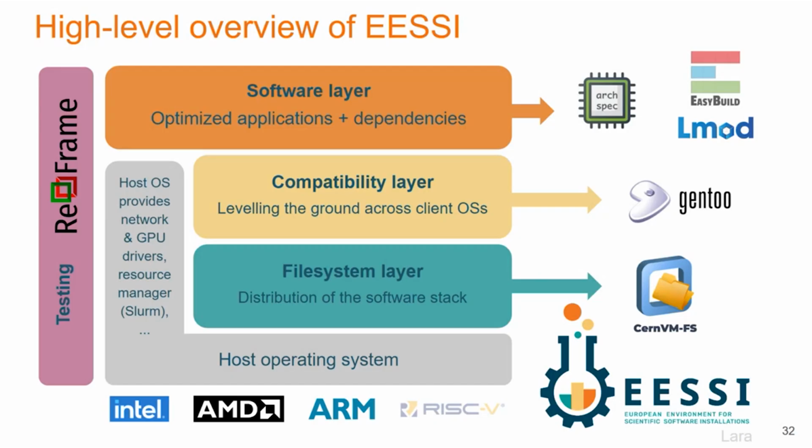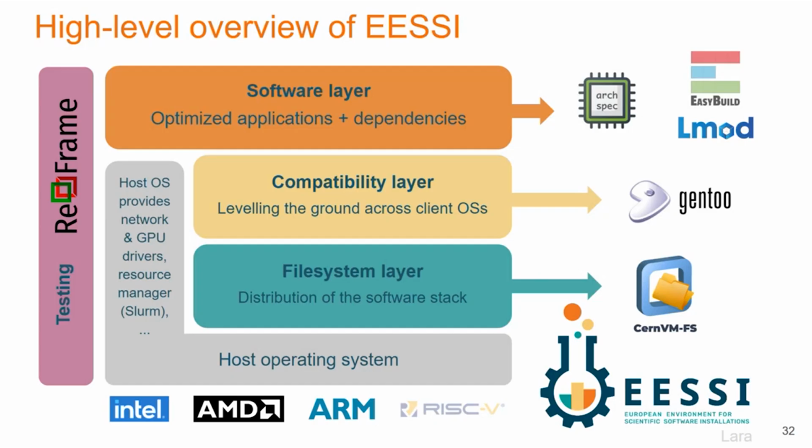You do need root access, so if it's not yet on an HPC system, you will have to contact the help desk of the HPC system and ask them if they're willing to install CernVM-FS and make EESSI available there. Then you have a compatibility layer, and this makes sure that it works on any Linux distribution. Instead of linking the libraries of the installed software to the host operating system, it's linked to the compatibility layer, which then makes sure it works on any.